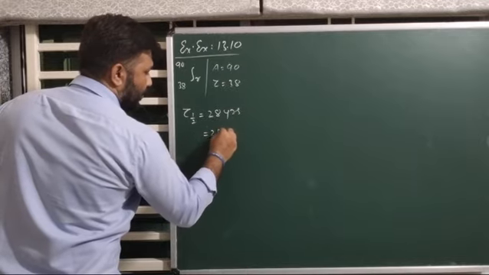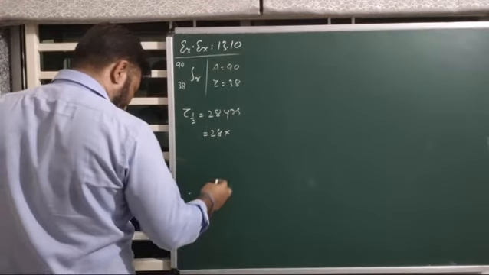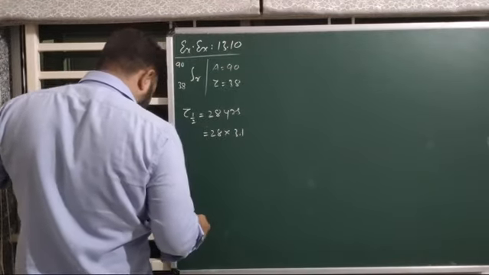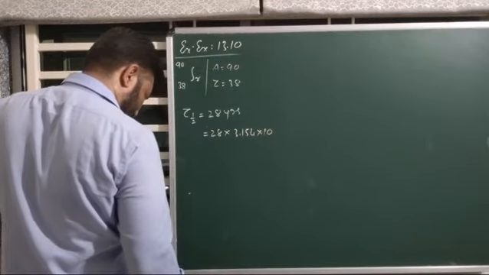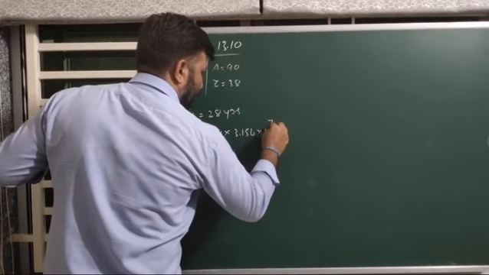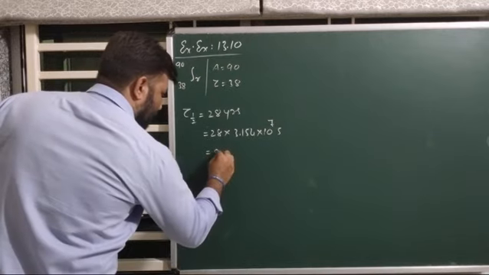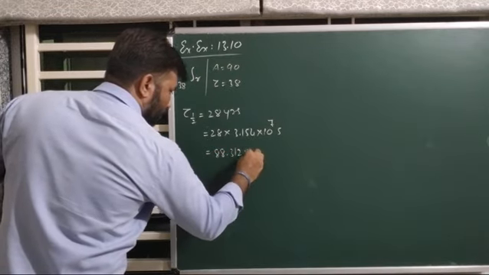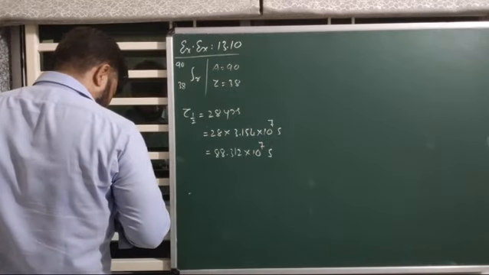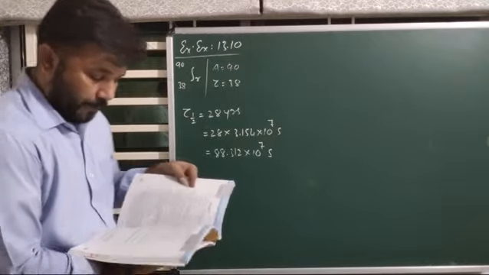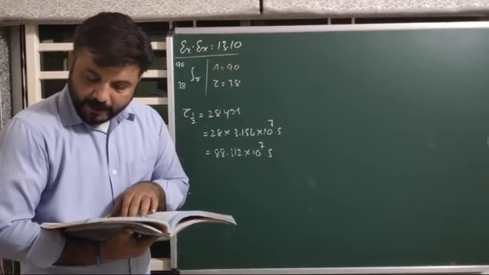This 28 years you have to convert into seconds, and the conversion is 3.154 multiplied by 10 raised to 7 seconds. I have calculated its answer as 88.312 multiplied by 10 raised to 7 seconds. Clear? Okay.